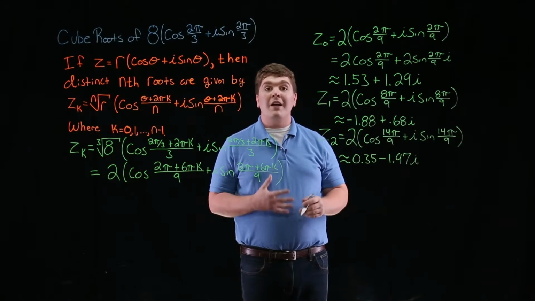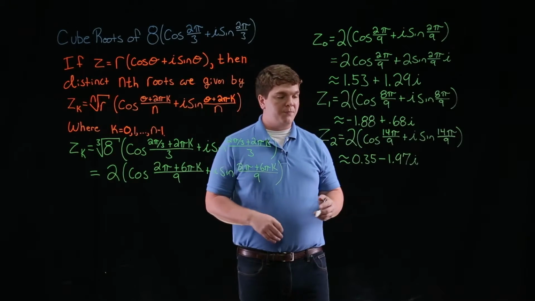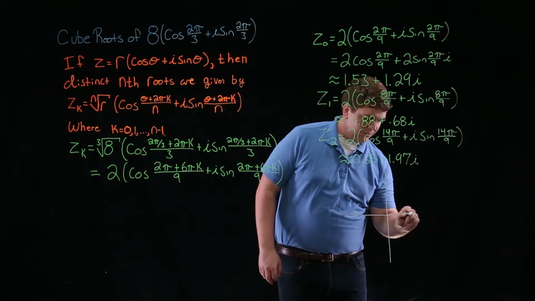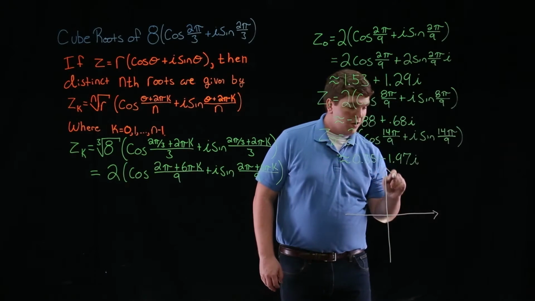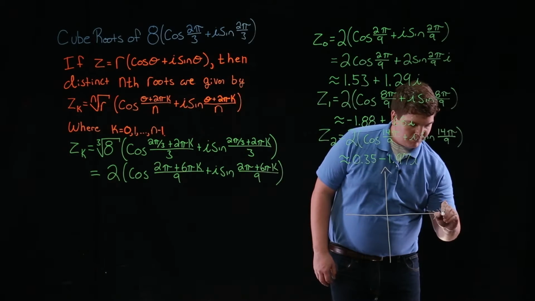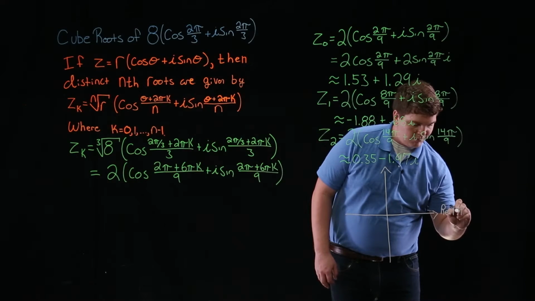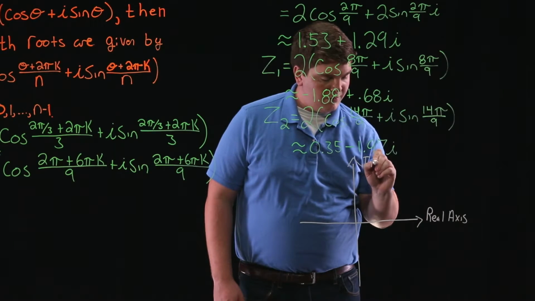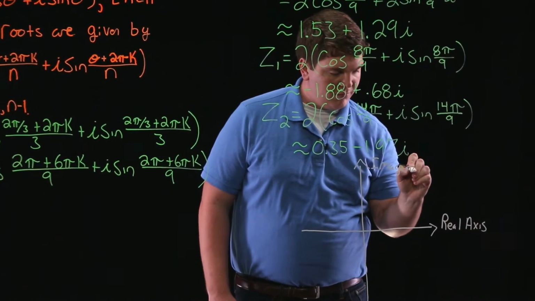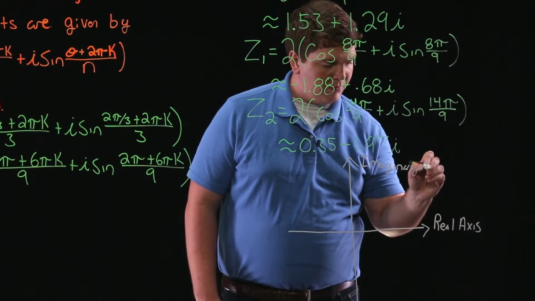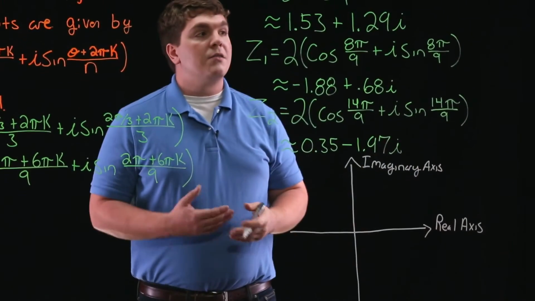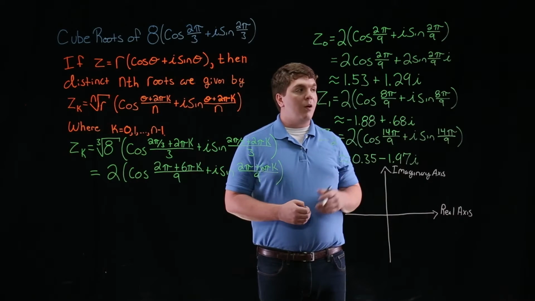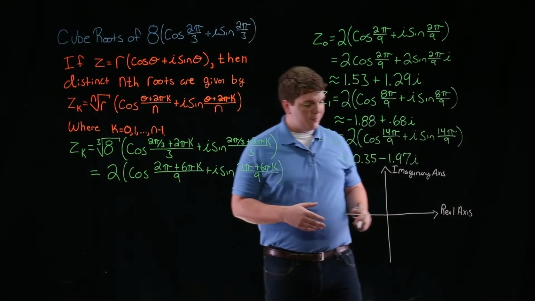Now for part C, we're asked to graph all 3 of the roots. So let's consider our complex plane, where we have the real axis and the imaginary axis. So our first root occurs at approximately 1.53 on the real line and 1.29 on the imaginary axis.